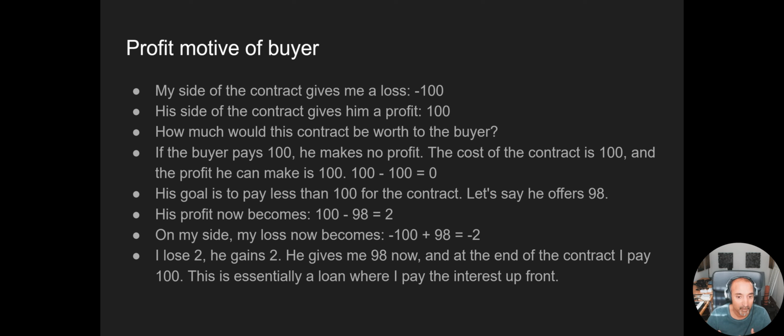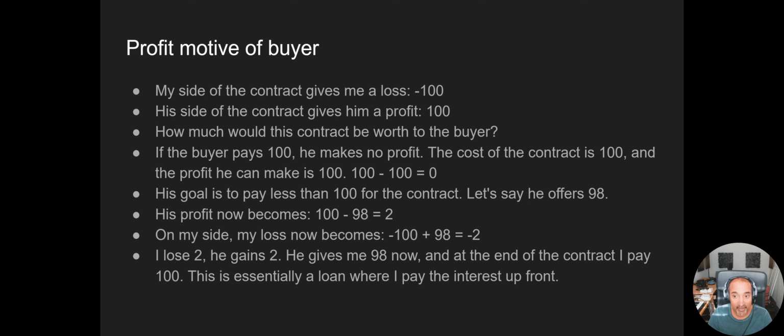So if you think about it from their perspective, how much would this contract be worth to that buyer? Now, if the buyer pays 100, he doesn't really make any profit, because if he's paying 100 for the cost of the contract and the profit that he can make from the contract is 100, his net is 0.